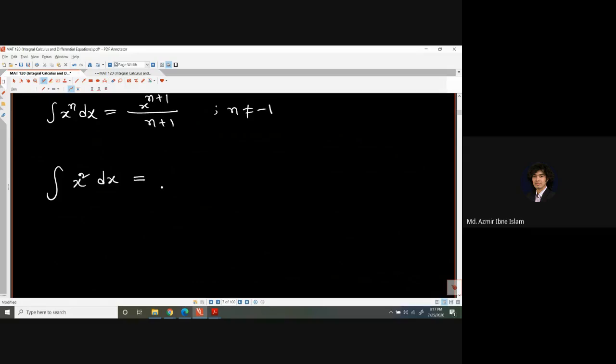Using this formula, because n is equal to 2 here, we place 2 where we have n. Finally we get x to the power 3 over 3.